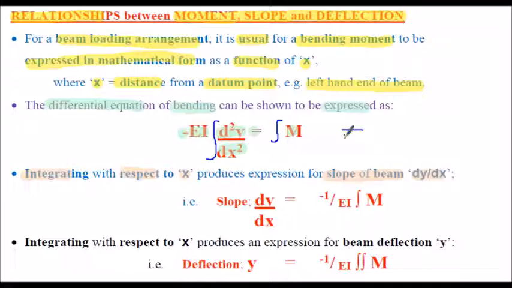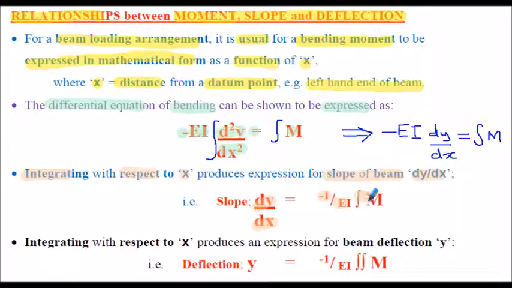On integrating, I basically get negative EI dy/dx is equal to the first integral of the moment as a function of x. All I've done on this line is simply divide both sides by the negative EI, so I can write dy/dx is equal to negative 1/EI multiplied by the integral of M. So just slightly rearrange the equation.